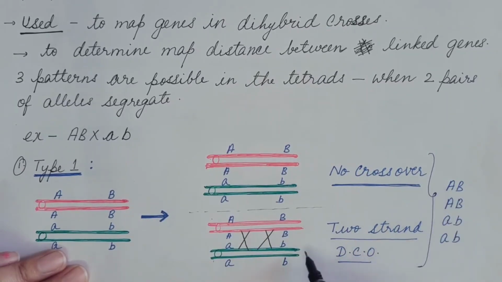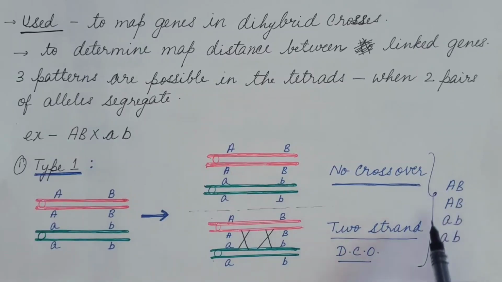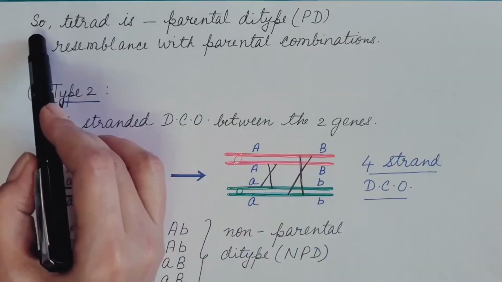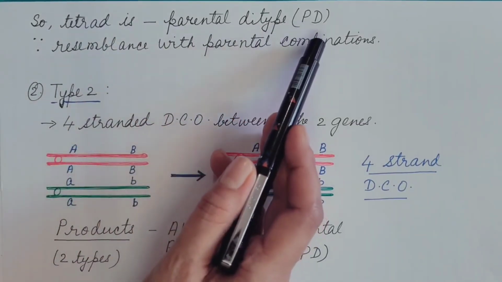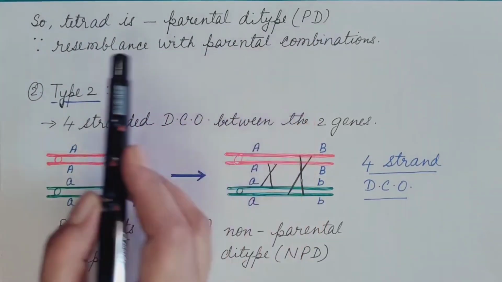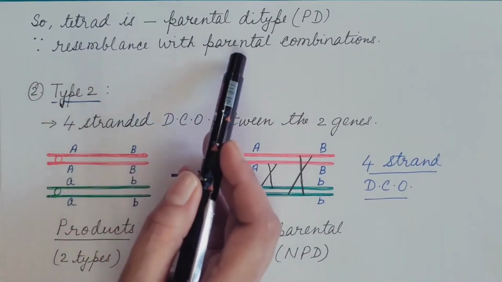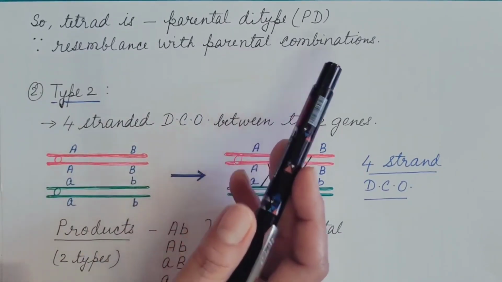So here also the product of meiosis is capital AB, capital AB, small ab, small ab. So these are the same as the parental combination. Hence the tetrad is known as parental ditype, PD in short, because of their resemblance to parental combinations.